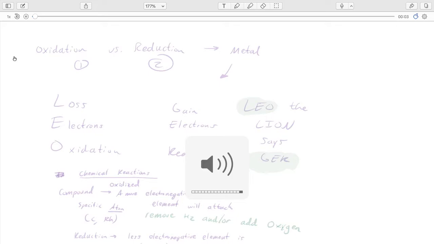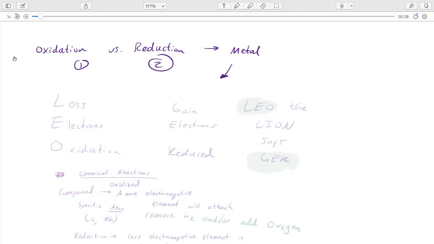So oxidation versus reduction. The reason why this is important in metal chemistry, especially transition metal chemistry, is that basically every single step you have within the reaction is going to either be an oxidation or reduction.